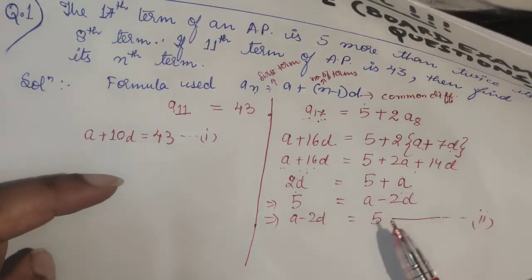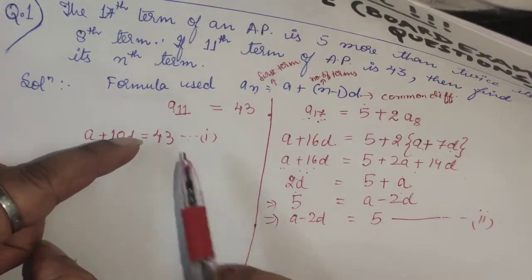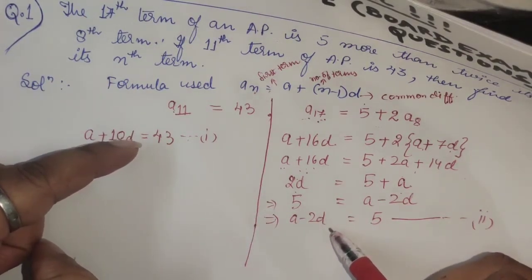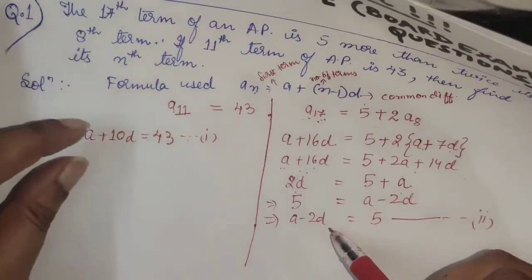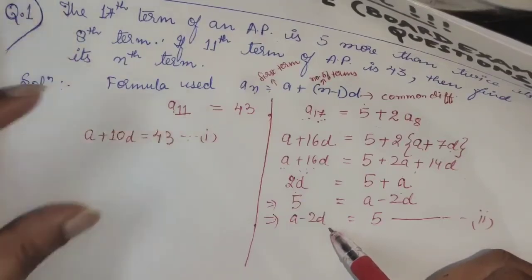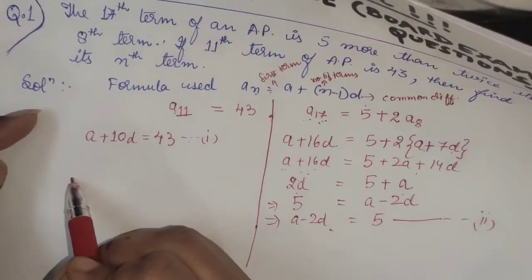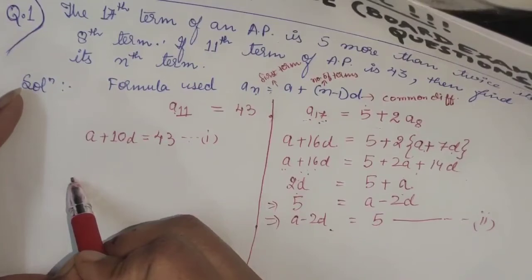Now you have to solve equation 1 and equation 2 simultaneously with the help of the elimination method, which you will study in the chapter linear equations in two variables, and from there you will get the values of a and d. So I am writing the equations here.